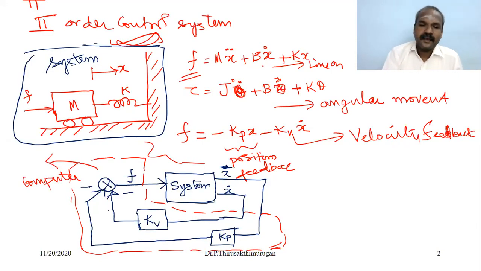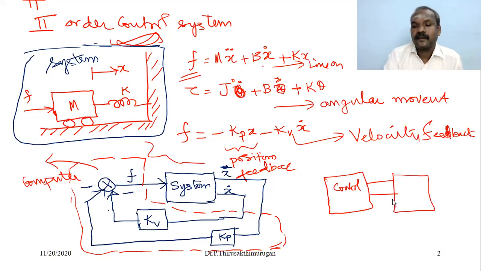On the right side is a real plant, a real system. The system is a physical system. In this figure, there is an interface between the system and the computer. The control law is linked with the robot.